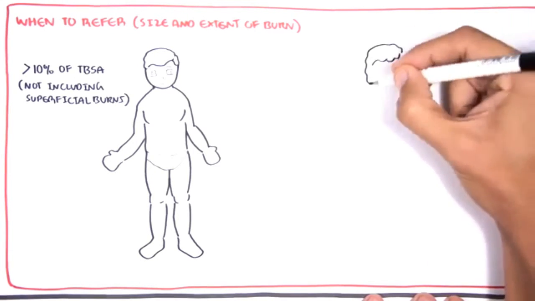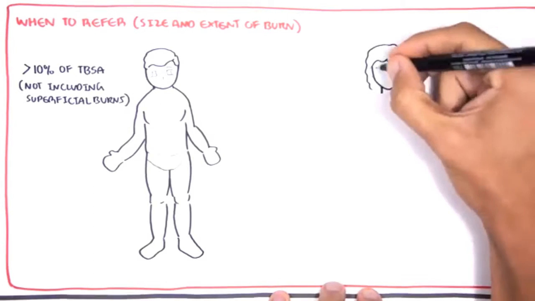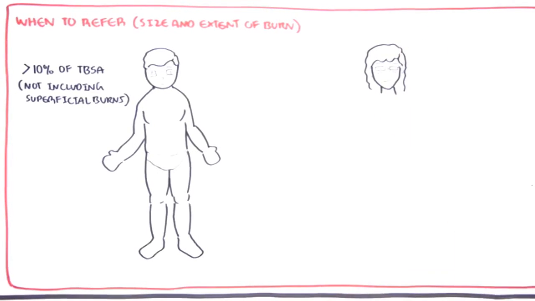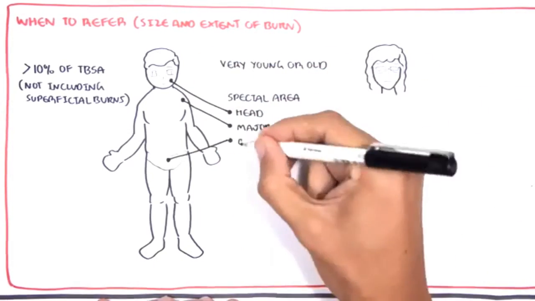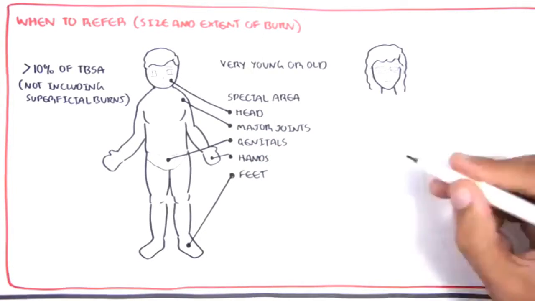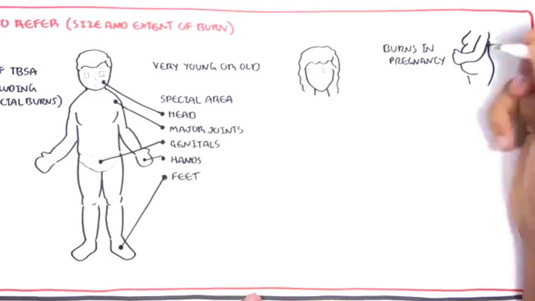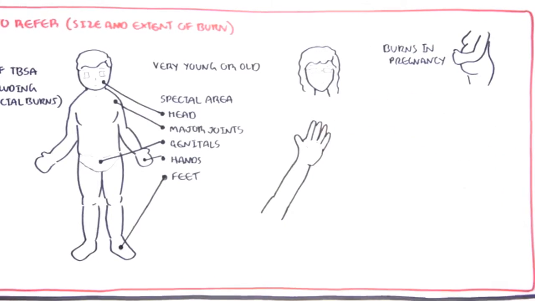Well, things that potentially need referring include burns to the very young and very old. Special areas such as the head, major joints, genitals, hands, and feet also need referring to a burns unit. Burns in pregnancy as well as circumferential burns are very serious.